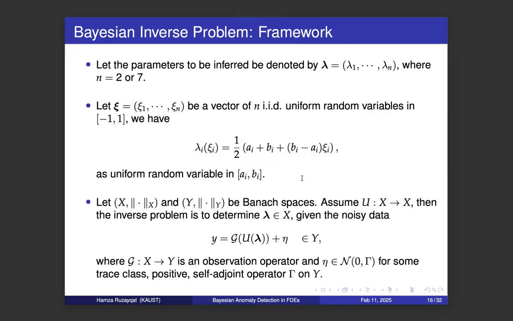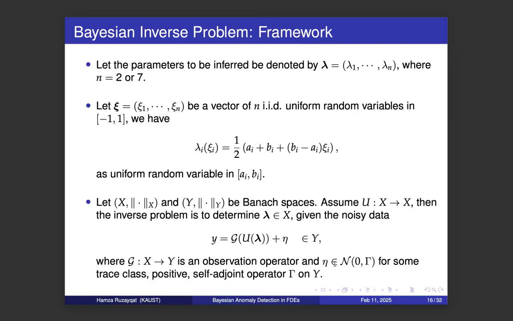And we define our inverse problem as follows. Consider X and Y, with some norms, to be Banach spaces, and assume that U is from X to X. Then the inverse problem is to determine the parameters lambda in X given noisy data Y, which is some operator of the random variable U of lambda plus some Gaussian noise.